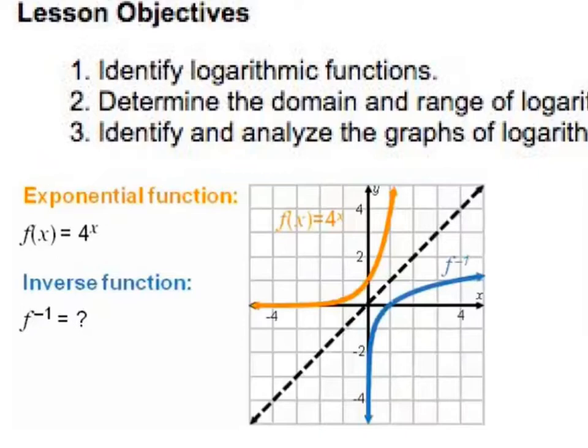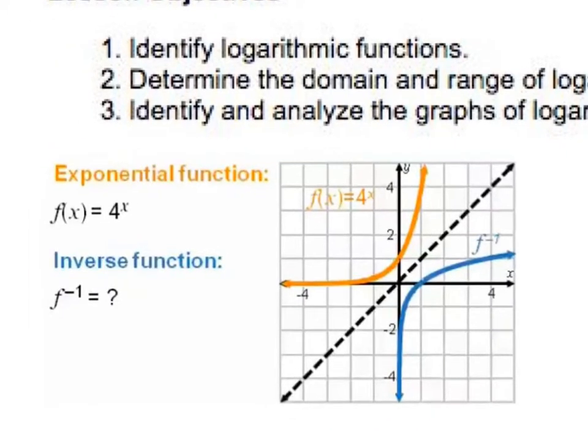All right, so here's what you've got. Because I used that example before of an exponent, the way that we get logarithmic functions is by first knowing the original exponential function. We have this exponential function, 4 to the x. How we're able to do this is we're able to look at the inverse function of that.